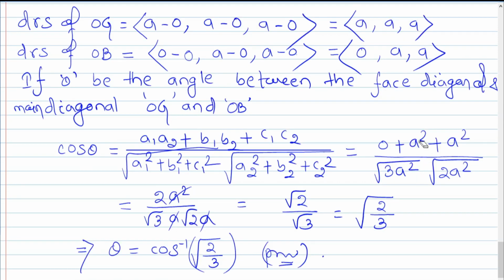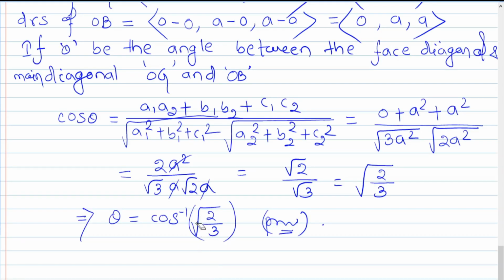So this is nothing but 2a square by root 3 a into root 2 a. So a square cancel, 2 by root 2 is root 2, again root 3 in the denominator, that is nothing but the root of 2 by 3. So theta is equal to cos inverse root of 2 by 3, that is the angle between the face diagonal and a main diagonal. Okay, proved. Now we'll go to the E.